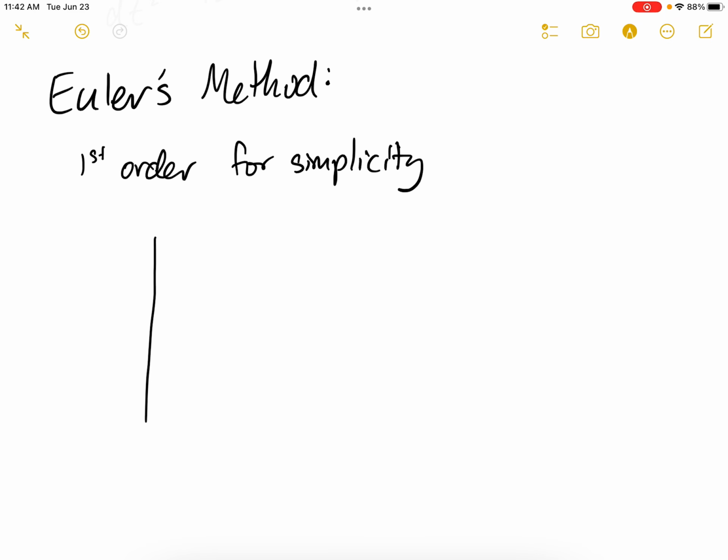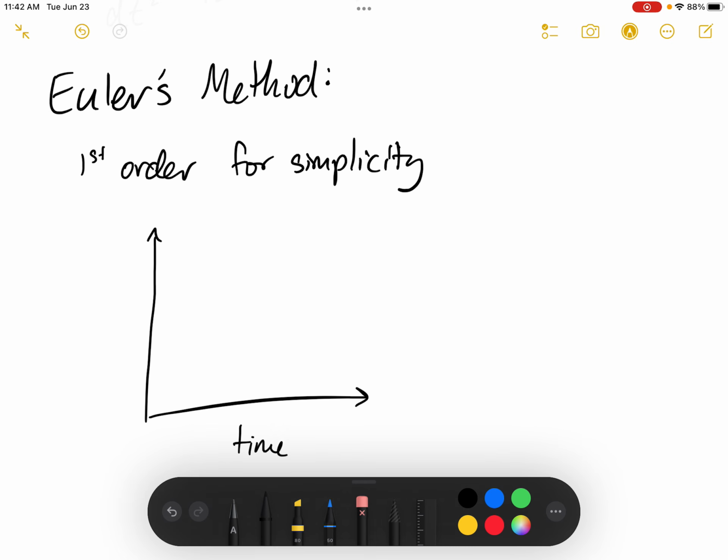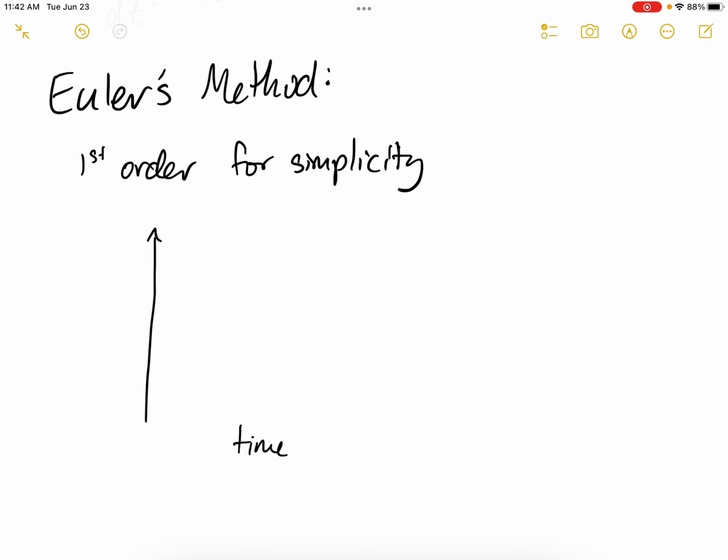So let's assume that we have a plot and we know the initial condition. I'm going to keep it relevant to this example, so let me draw this a little nicer. Assuming we start at 0, and let's assume that I can solve for the differential at this point in time.